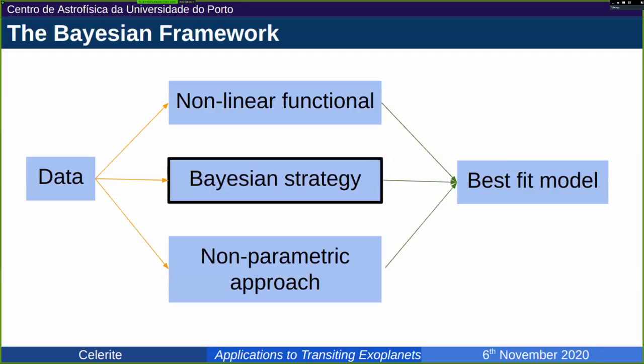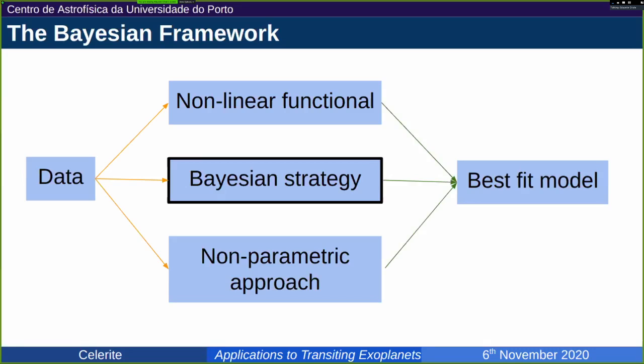So let's start to talk a bit about how the Bayesian framework works. If we have a time-ordered data set with associated uncertainties, describing the relationships between the variables of the underlying model can be a bit challenging. In principle, it is possible to fit a nonlinear functional form, such as a sinusoid or a polynomial function, to describe the variation of the variables with each other.